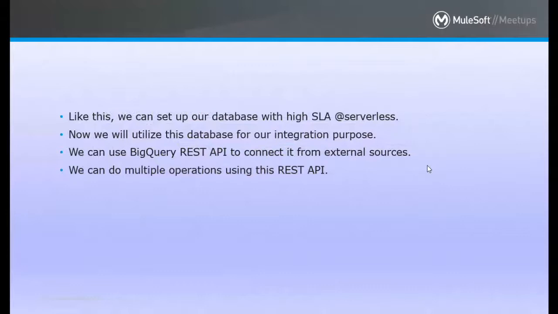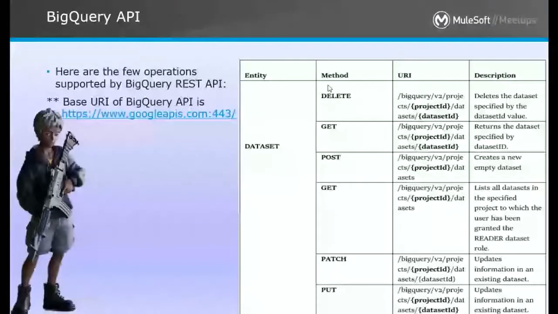If you want to get the dataset metadata, we'll go with the GET operation. If you want to create a new dataset, we'll go with POST. And if you want to delete a dataset, we'll go with DELETE by giving the relevant dataset ID. Ideally, we'll be going with these methods.